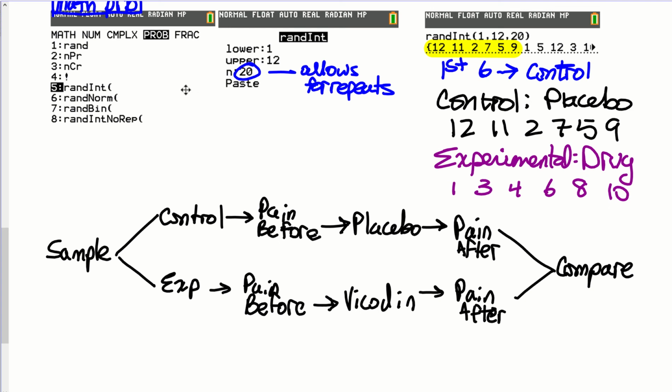All right, so the only remaining question really is, how am I going to conduct this? Am I going to do it as a blind experiment, a double-blind experiment? Well, it all depends on who is designating the pain. It seems like it's only the patient that's reporting the pain.